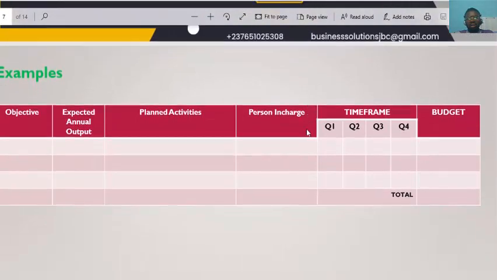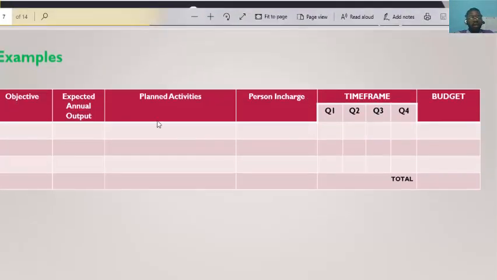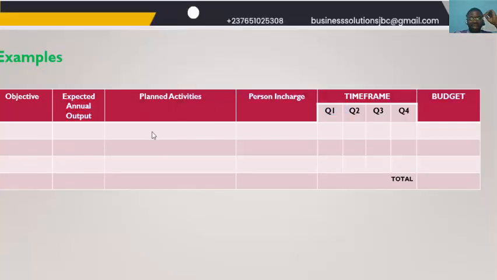And let's look at an example of an action plan. You have the objective. Spell out the objective, expected annual output, the expected result, the plan of action. This plan of action is the tasks.